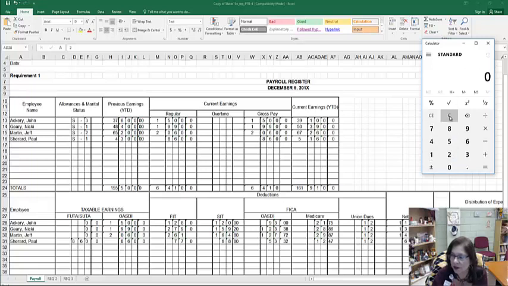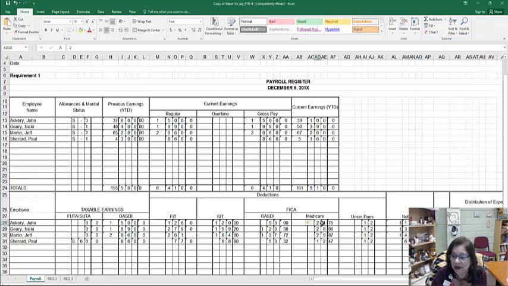I messed that up. 1,500 times 1.45%. And here we go for the Medicare. This is where you get that amount and you put in the 21.75.